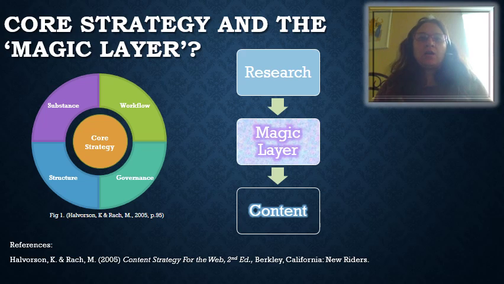So how does the workflow relate to the content that you're putting on the website? Where does it need to be? How does it need to be organized for the most efficient flow of information?